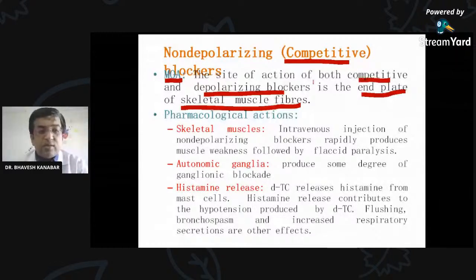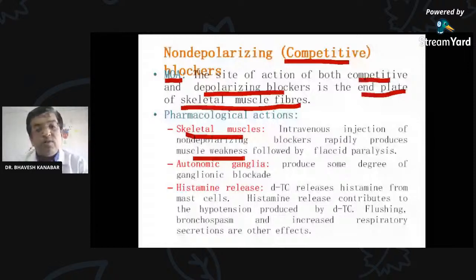So, pharmacological action on skeletal muscle: intravenous injection of a non-depolarizing blocker rapidly produces muscle weakness, followed by flaccid paralysis, but this is temporary.